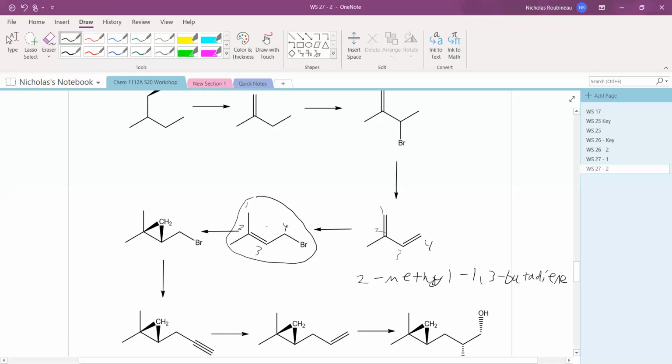If actually, I think we would, because regardless of which side we number it from, the double bond's going to be at carbon 2. We'd want to give higher priority to the bromine over the methyl group there. So I believe we'd start numbering like this. This is a bit tricky, so don't worry about it.